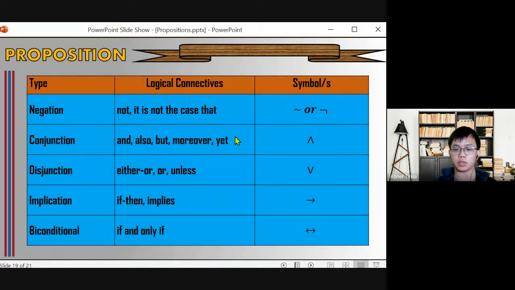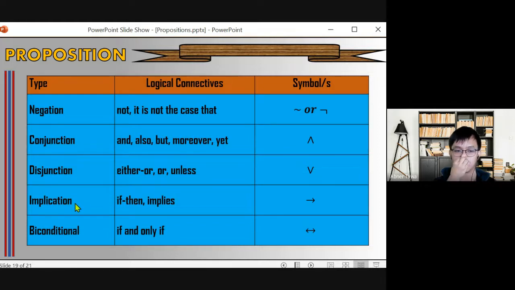And the symbol for that is here. And we also have here the disjunction. The parts of it, aside from subproposition, are called disjuncts: first disjunct, second disjunct. And the connectives used there are either or, simply or, and unless. And the symbol for that is here.